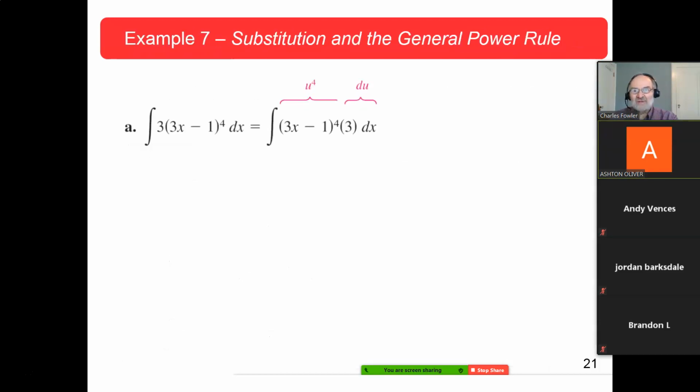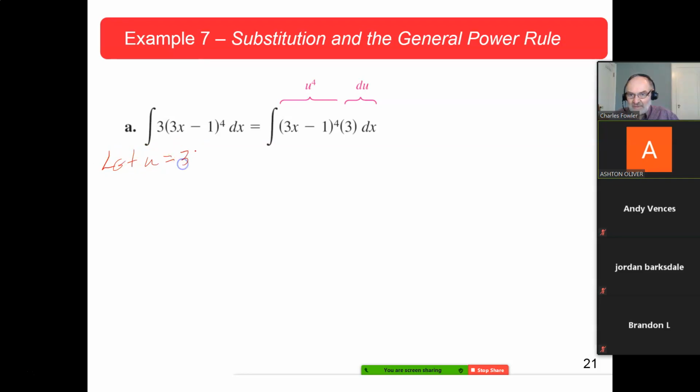Okay, so here we have it. And I don't care about this stuff here. Let's just pretend that we are solving this problem without their anecdotal help. Right here we see a u raised to the 4th power, so let the innermost part of the most complicated part of the integrand, this right here, be our u.